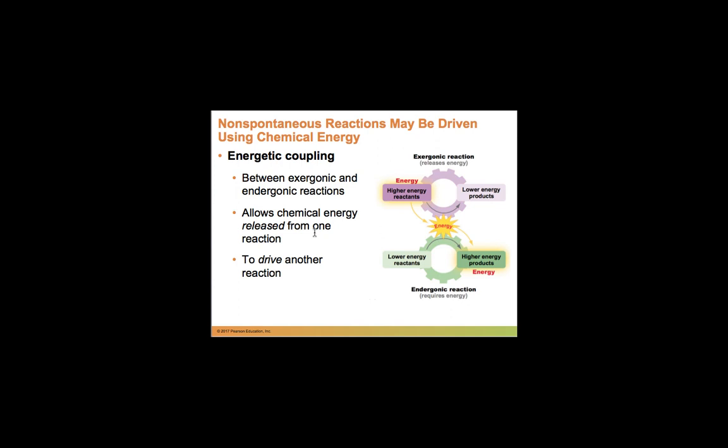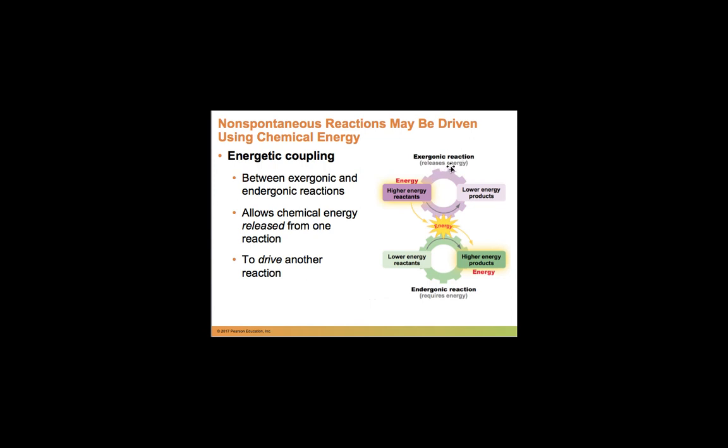All right, energetic coupling. We have our exergonic and endergonic reactions. Your exergonic reactions release energy. So in an exergonic reaction, you're going from reactants that have a high energy that turn into a low energy product. Because we're going from a high energy reactant to a low energy product, we're releasing energy.